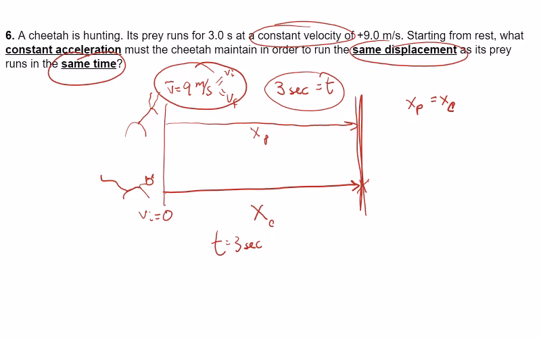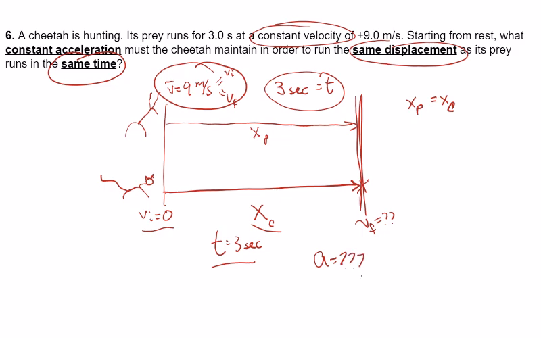It needs to be going faster, but I don't know the final velocity of the cheetah. So that is the question mark. I'm looking for an equation that doesn't have that in it. So to find the acceleration, I need something that's going to have VI, T, X, and A, because I'm after acceleration for the cheetah.